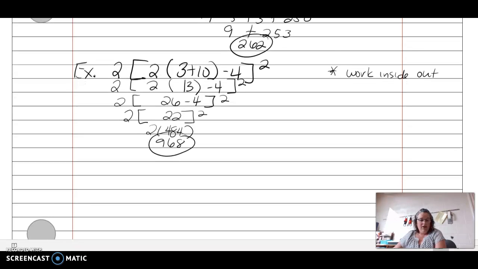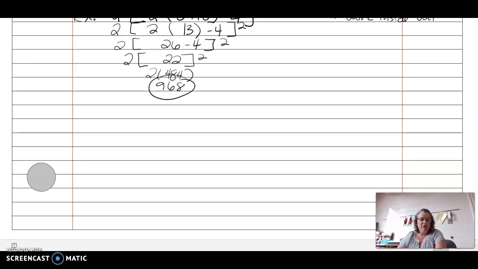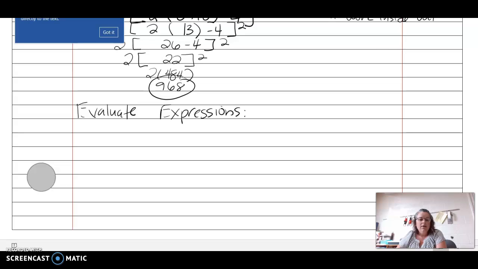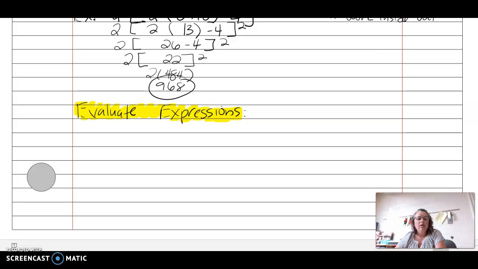Okay, next thing I would like to talk about is how to evaluate expressions. So use your colored pencil or whatever. Evaluate means just to tell me what the answer is.